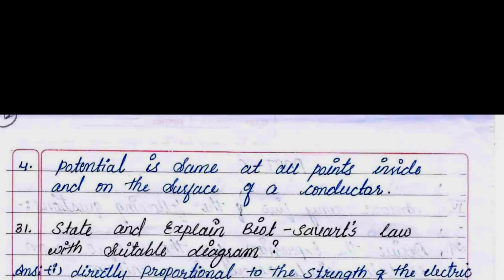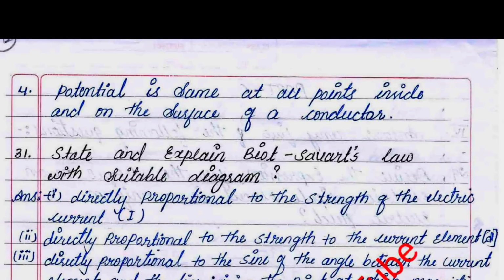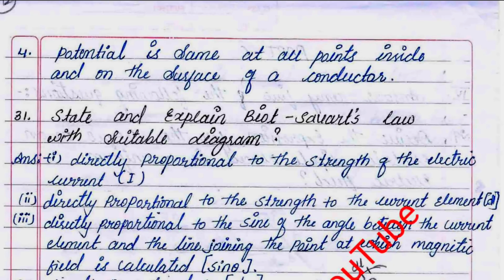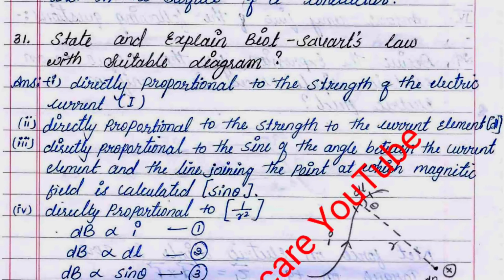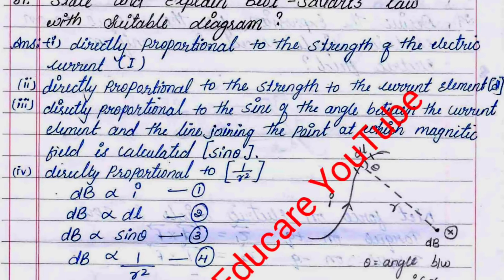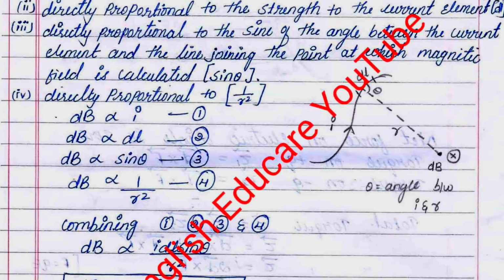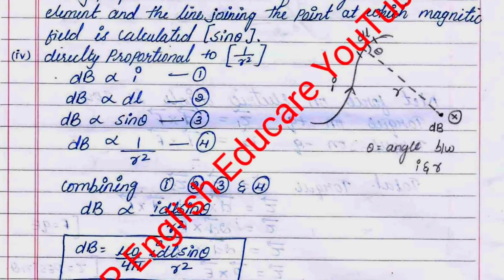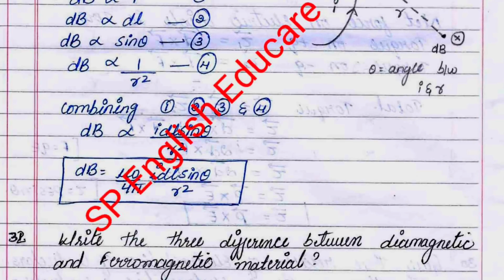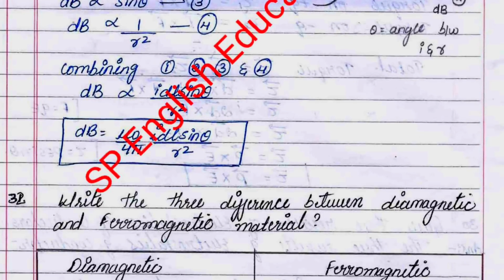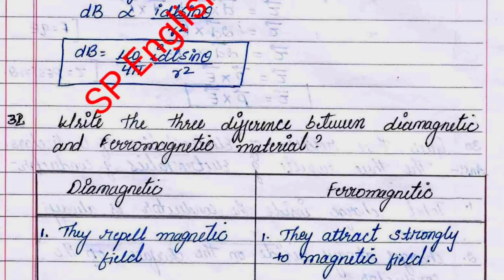State and explain Biot-Savart's law with a suitable diagram, and the answer is below. Write three differences between diamagnetic and ferromagnetic materials, and the difference is below.